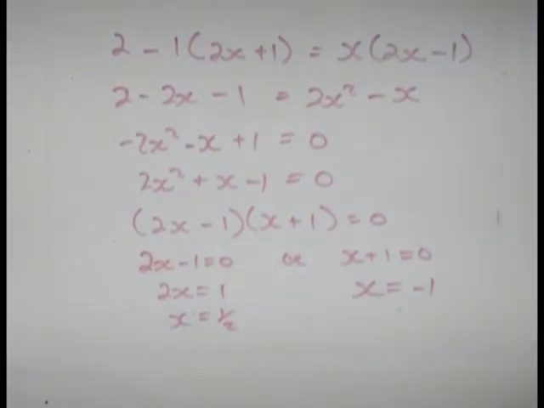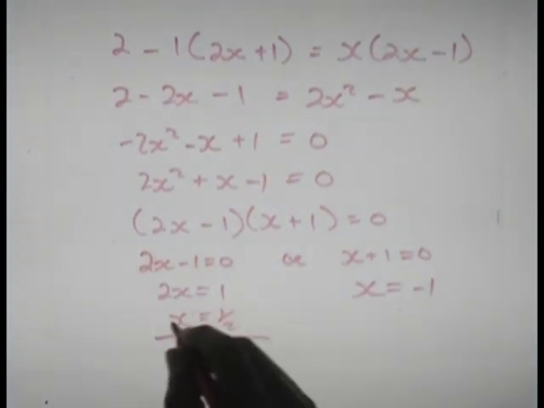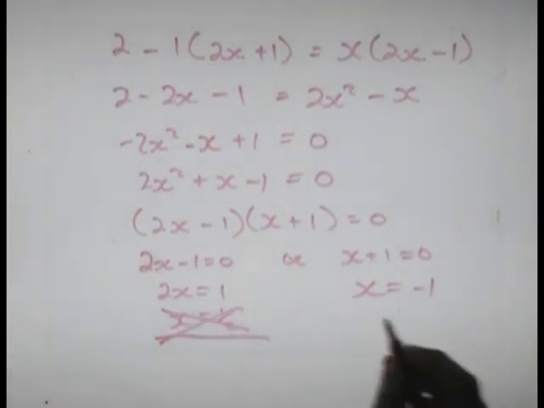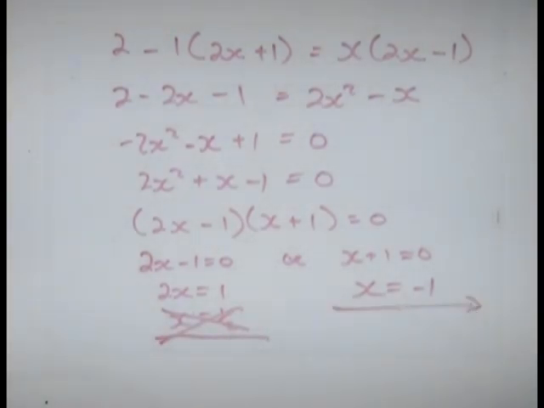Should hold true. One slight problem though. This here. My LCD said that x cannot equal 1 over 2. So for this one, there's no solution. So our only answer is x is equal to negative 1, and that holds true.